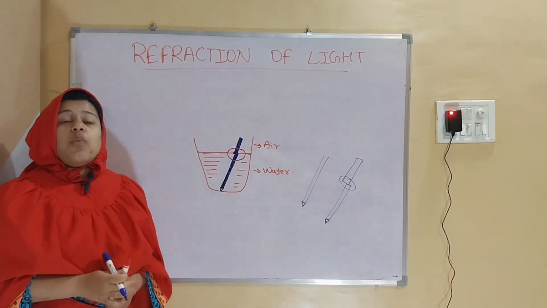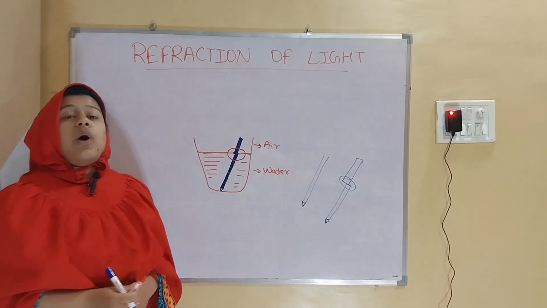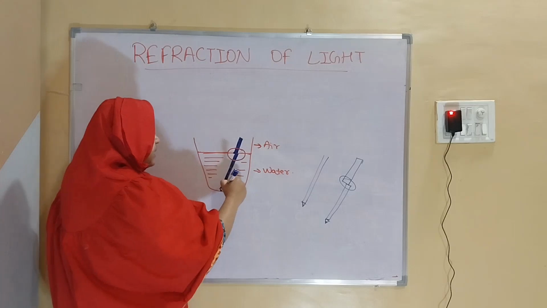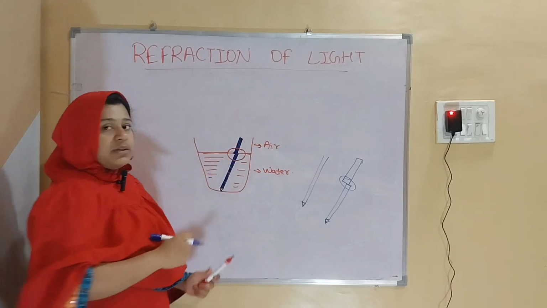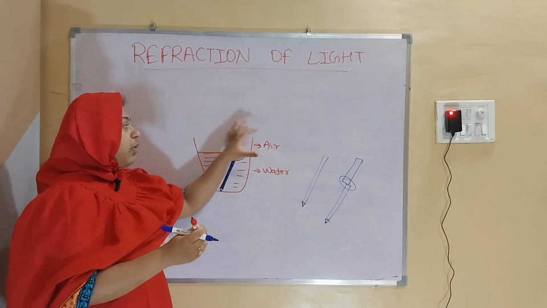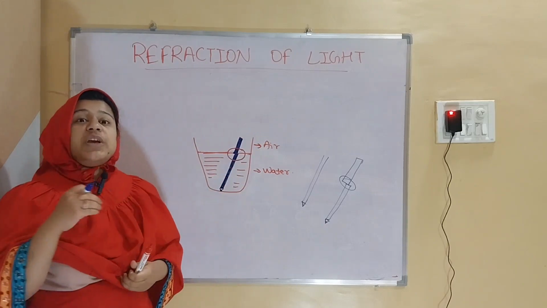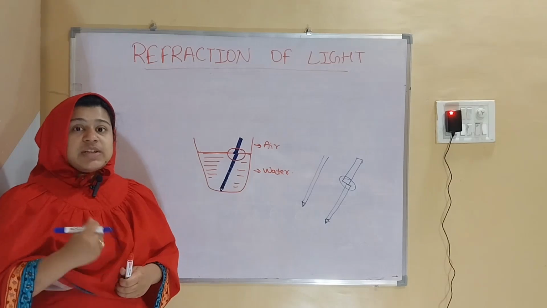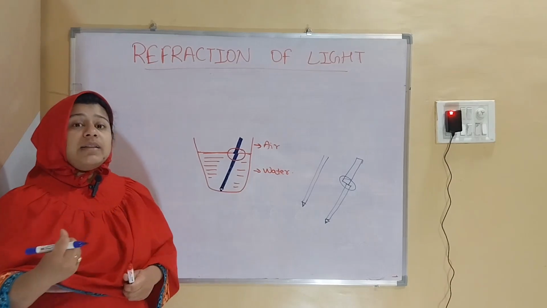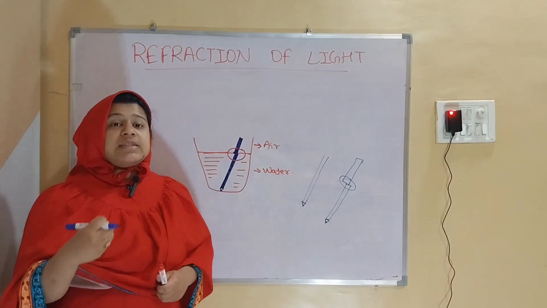So what is the reason behind it? When light goes from one medium to another, from water to air or air to water, light changes its path, its direction gets changed.